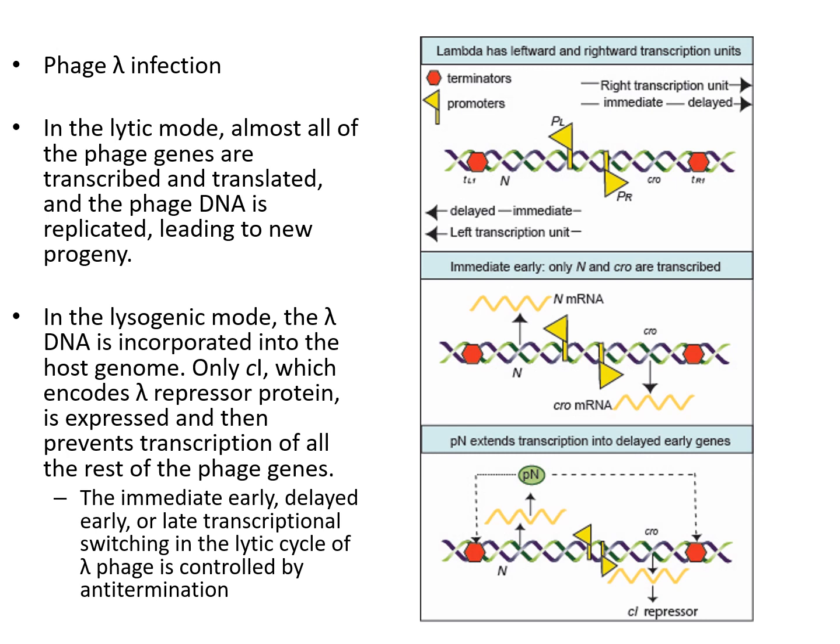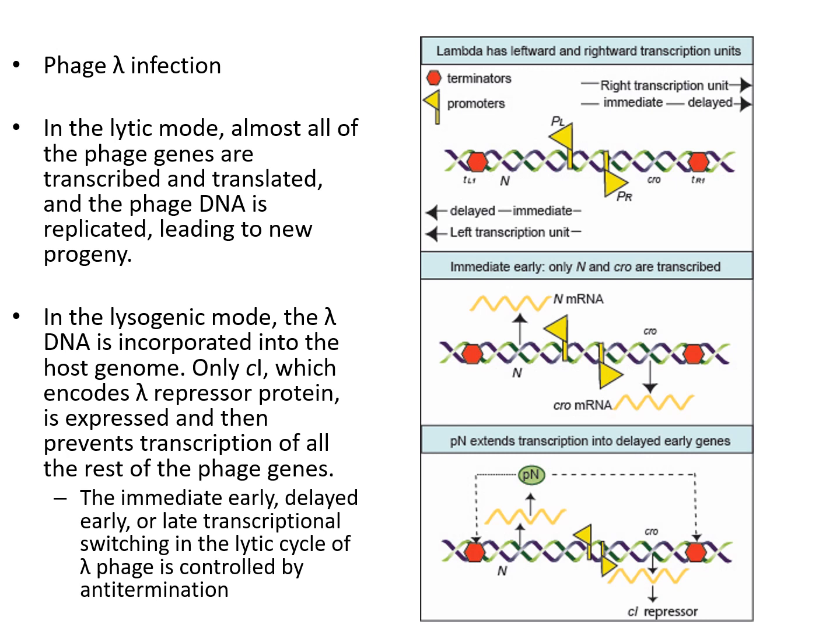One of the two immediate early genes is cro, which codes for a repressor of the cI gene that allows the lytic cycle to continue. The other one is called N, which codes for the anti-terminator N that overrides the terminator after the N and cro genes.